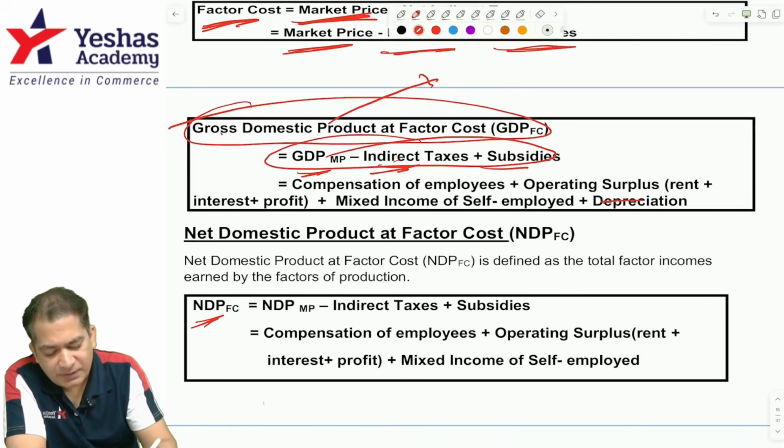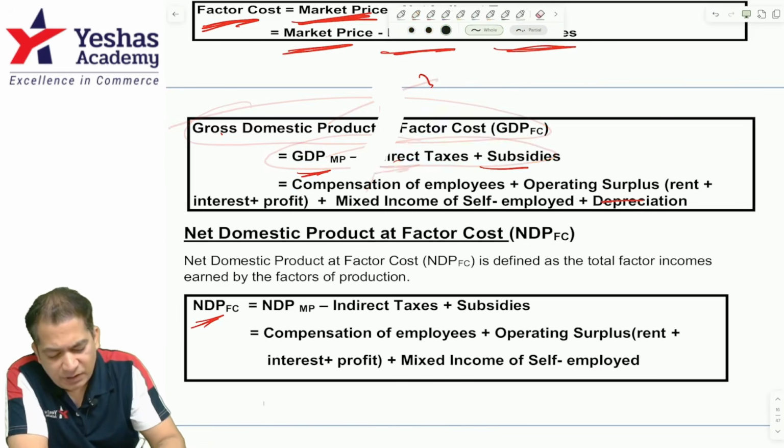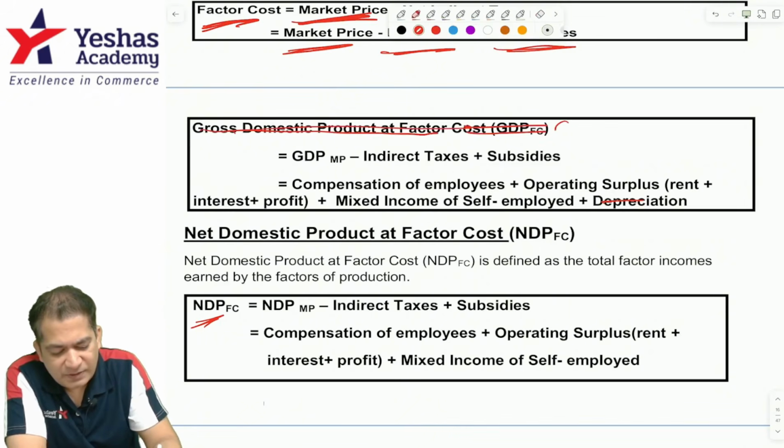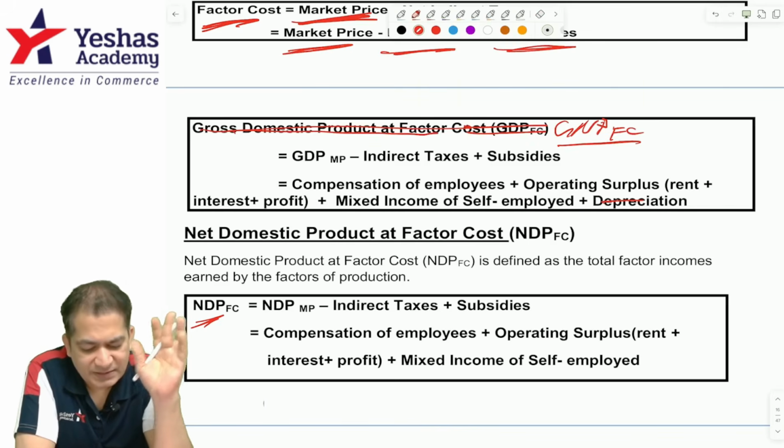Now let's say, for example, we are calculating here not gross domestic product but gross national product. If I cut this down and write this here, rather than GDP, we are calculating GNP at factor cost. So what is the difference between domestic and national? That is NFIA.